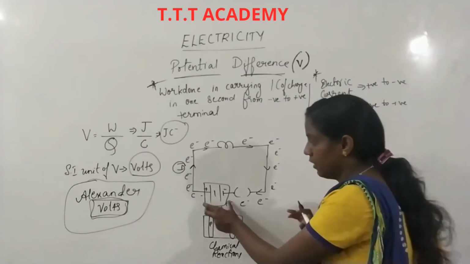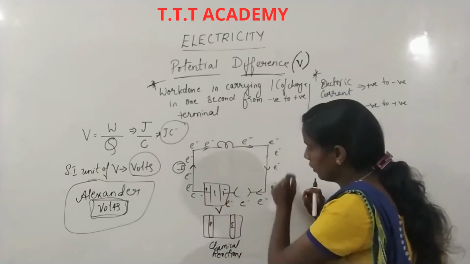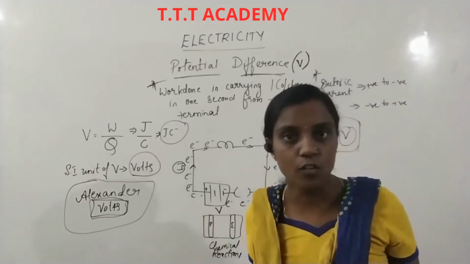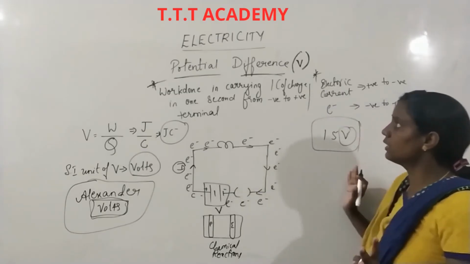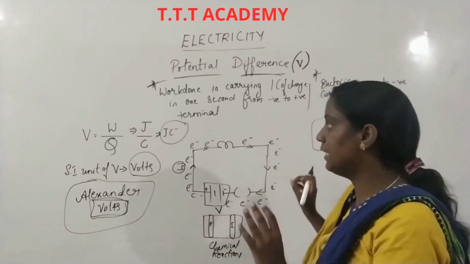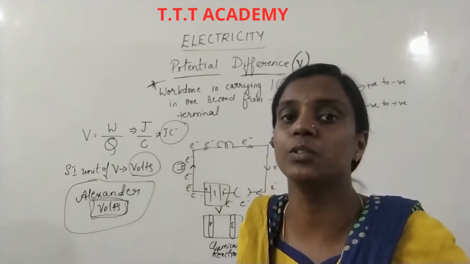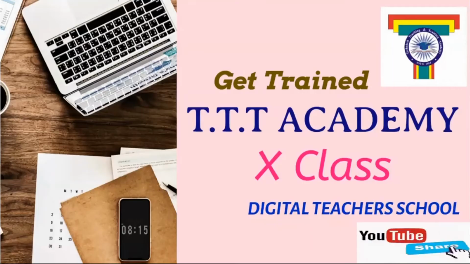The potential difference is the voltage that provides for the flow of electrons. Because of the flow of electrons, there is a flow of electric current. You know that already. So this is the concept of potential difference. If you understand this basic concept, it will be much easier for you to study the next things.